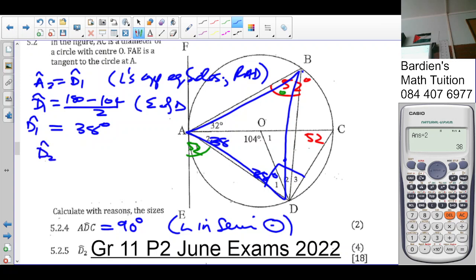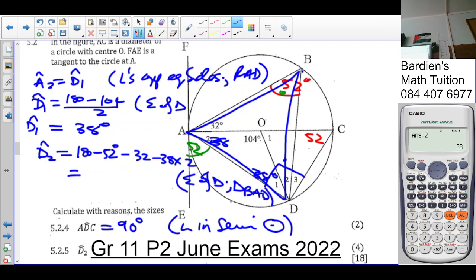So angle D2 is equal to 180 minus 52 degrees minus 32 minus 38 times 2, and the reason here is sum of angles of a triangle, triangle BAD. So it's 180 minus 32 minus 38.